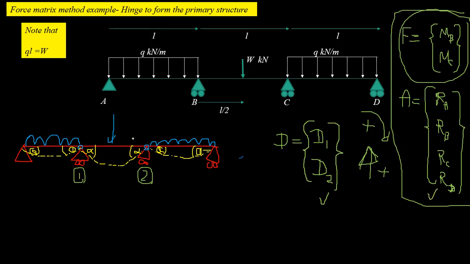So D here is the relative rotation, right? So here, you consider this again theta, this is alpha, right? So the relative rotation is theta plus alpha.